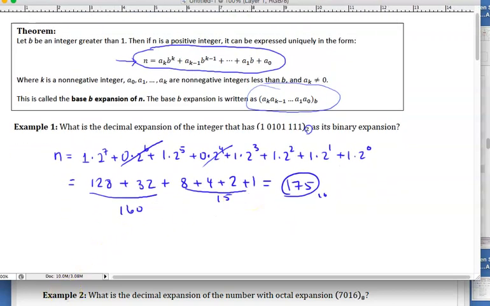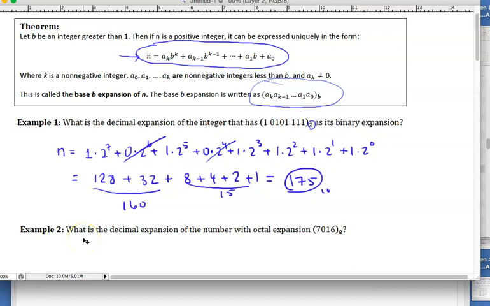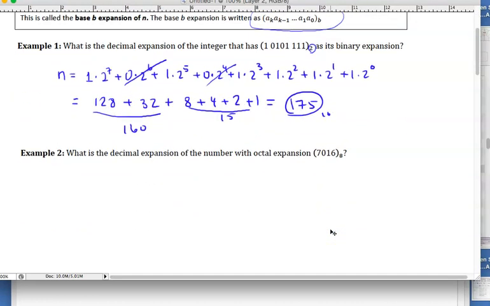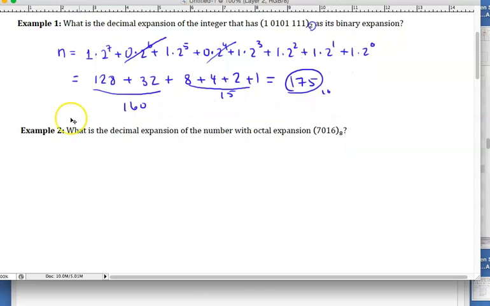Let's look at another example. What is the decimal expansion of the number with octal expansion 7016? Now we're doing the same thing, but using base 8. These are my a's, my coefficients.